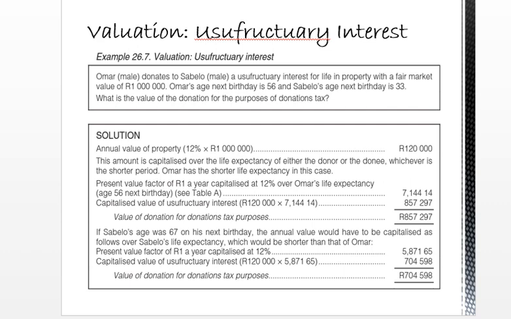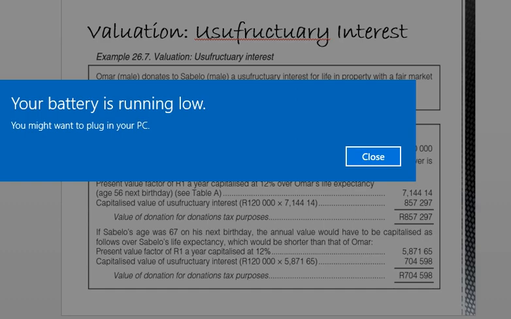Okay, and then what they did here is they just looked at Sabelo. If his age was 67, then the annual value would have been capitalized over Sabelo's life expectancy, because he has a shorter life expectancy than Omar. So if you look at 67, sorry about that. So it's 67.